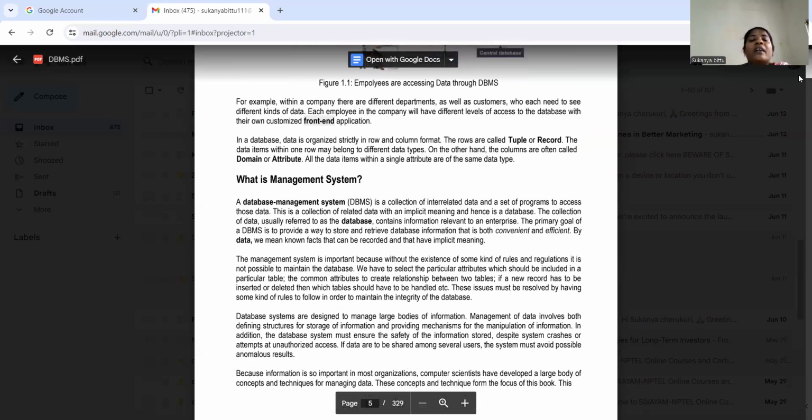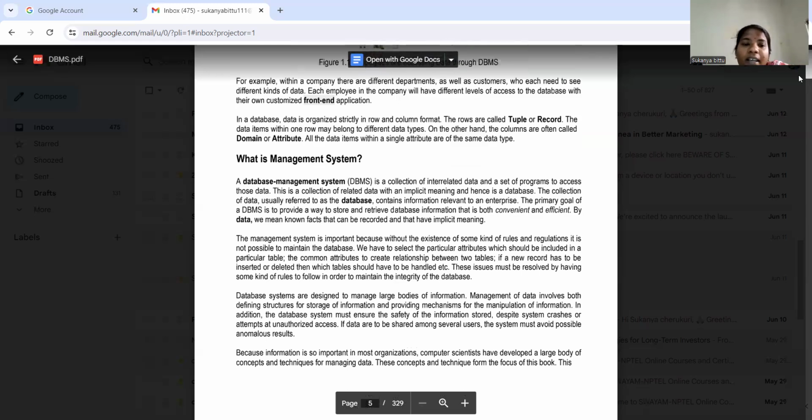So this is database. Then what is management system? How will it work in real time? A database management system is a collection of interrelated data and a set of programs to access that data. This is a collection of related data with implicit meaning, and hence it is a database.